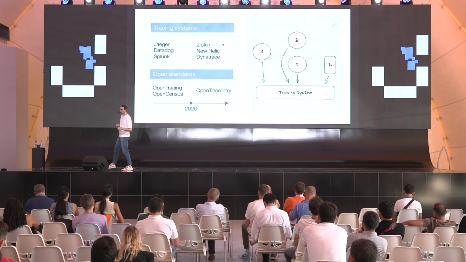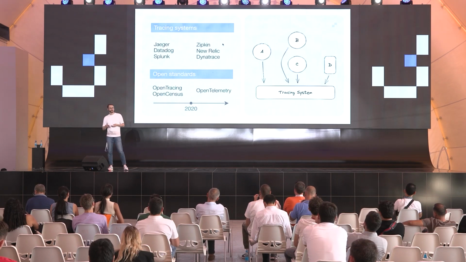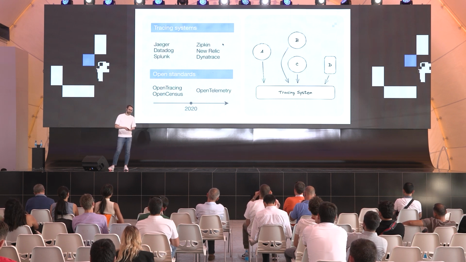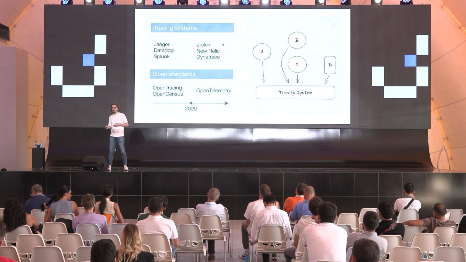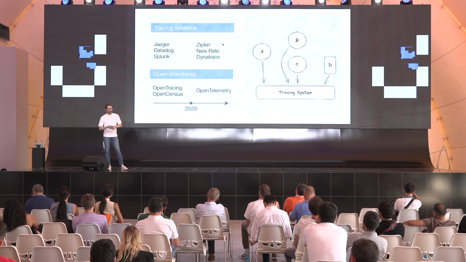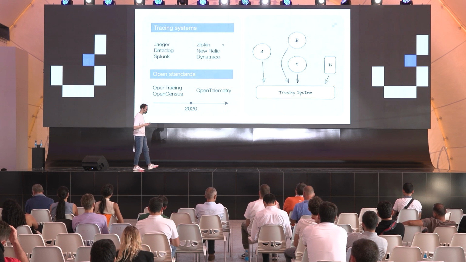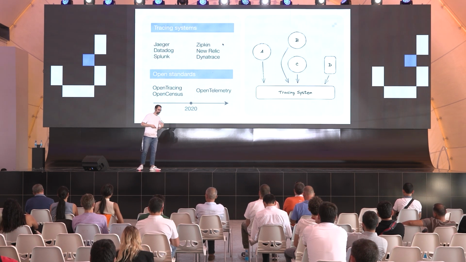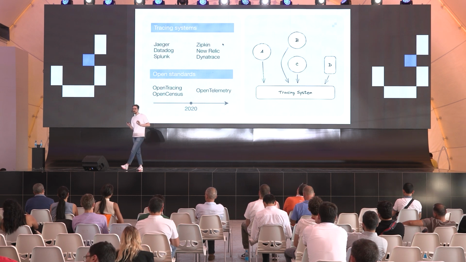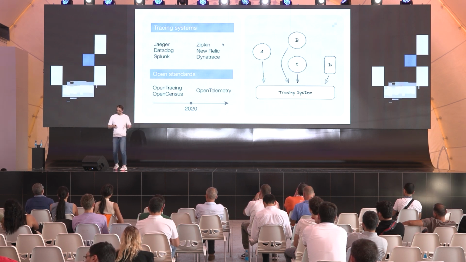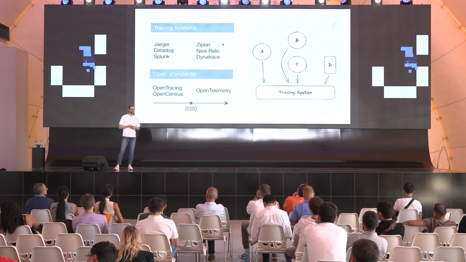The most noticeable ones are OpenTracing and OpenCensus. OpenTracing focused on tracing, and provided standard protocol and API specifications. OpenCensus, on the other hand, worked with traces and metrics as well, and focused on instrumentation libraries and the delivery pipeline to the tracing backend.